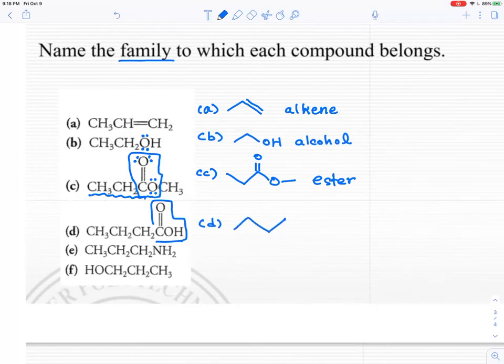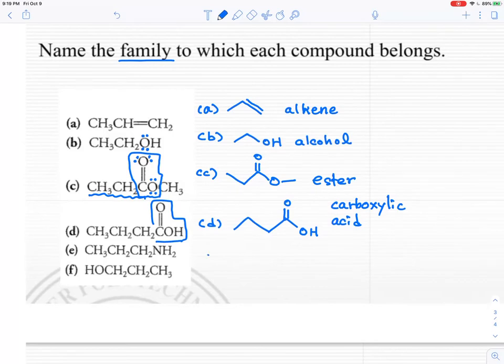Those are the 4 carbons, and then you put the double bond and OH. This we call an acid. There are different kinds of acid, based on the carbon base, so this is a carboxylic acid.